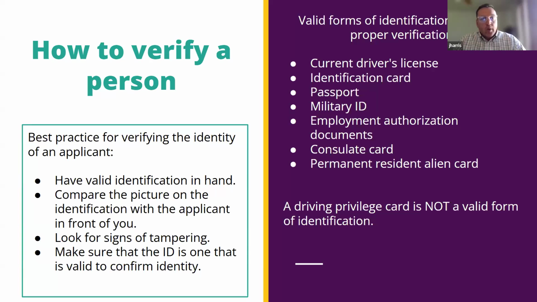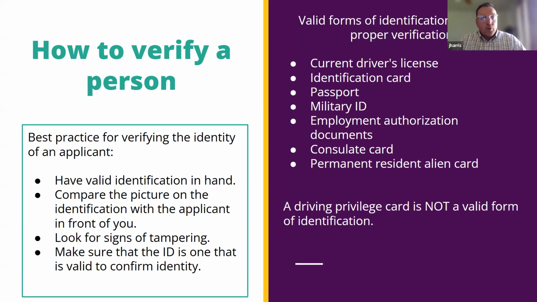One item, it's not even a form of identification, is a driving privilege card issued by the state of Utah to allow individuals to drive throughout the state. It is not a valid form of identification. It says it very clearly at the top of that ID that this is not to be used for identification purposes.